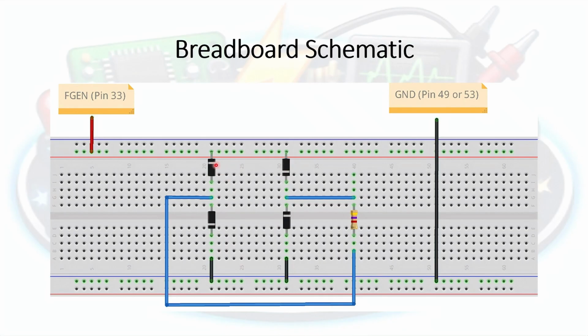So the ones with the white stripe, that's the cathode side of the diode. So for the first branch here, the cathodes of diode 1 and 2 are supposed to be facing away from each other. And on the second branch, the cathodes of diodes 3 and 4 will be facing each other, similar to the circuit shown on the previous slide.